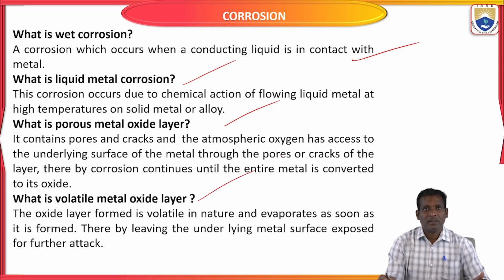One is porous metal oxide layer, another one is volatile. The oxide layer formed is volatile in nature and evaporates as soon as it is formed, thereby leaving the underlying metal surface exposed for further attack. So there is a chance for further attack of corrosion.